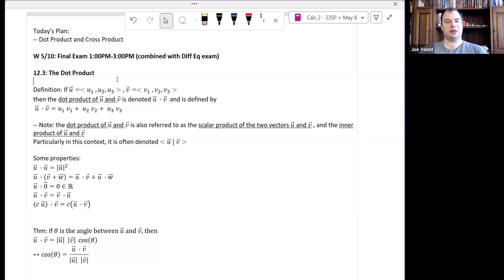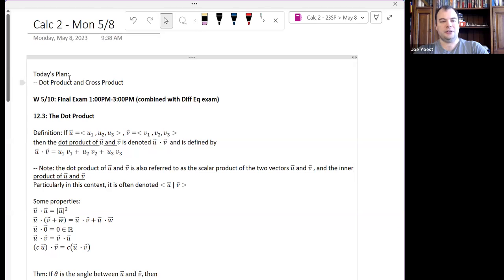And that's what we're going to talk about today. It turns out there are two ways of multiplying vectors by other vectors that tend to be useful in applications. One is called the dot product, and the other is called the cross product. These are two different ways of multiplying one vector by another vector.